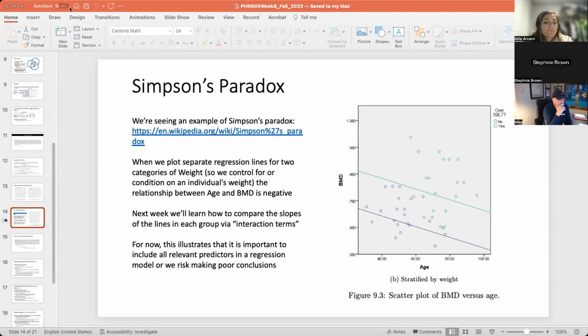Let's see if I can capitalize on this now. Where are my data? Here we go. Let's look at the practice data set. We'll see a preview of this next week.